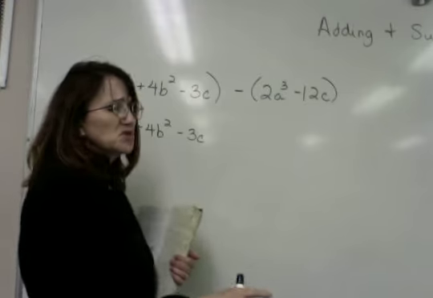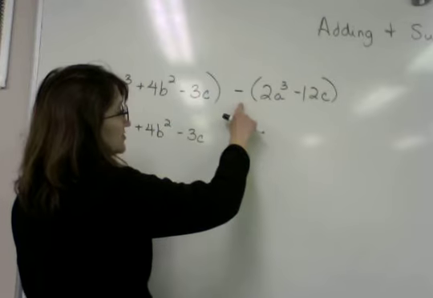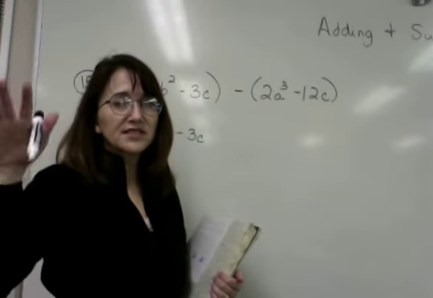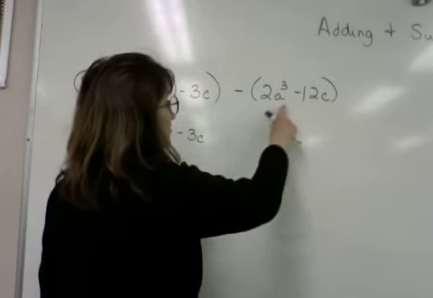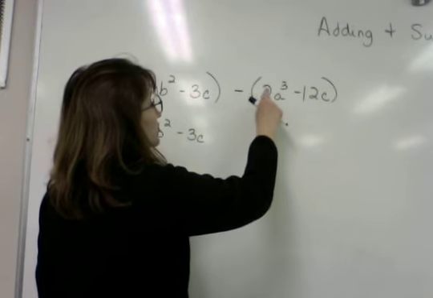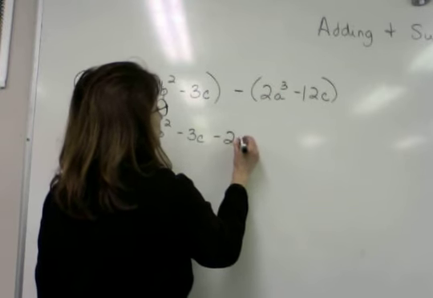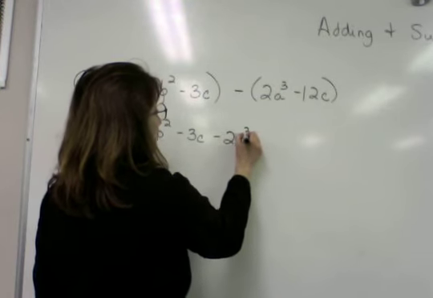And just like most negativity, misery loves company, so he wants to distribute his negativity throughout these parentheses. So that negative 1 is going to make the 2a cubed negative. So you have a negative 2a cubed coming out.